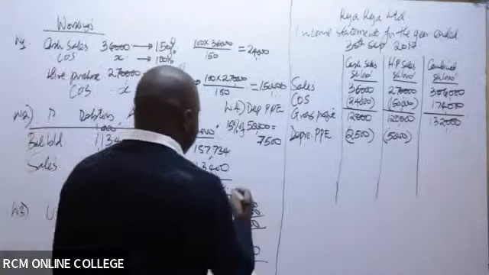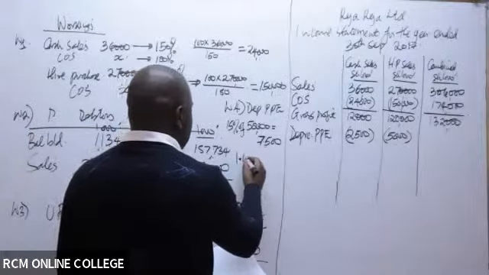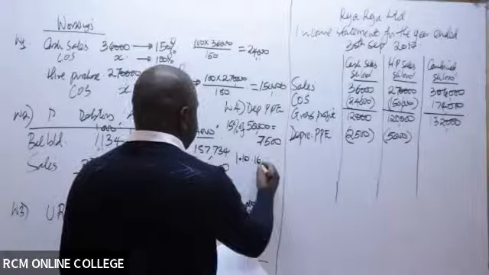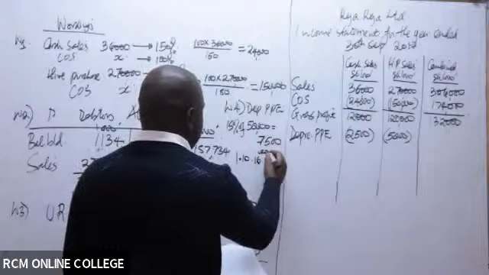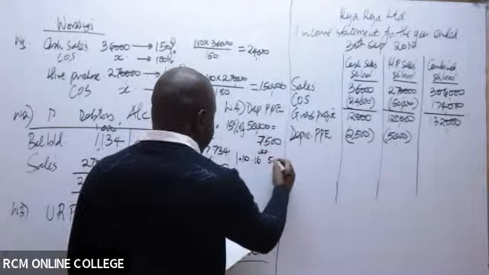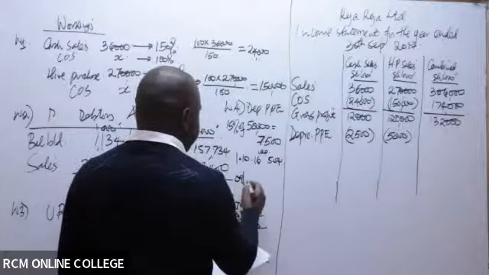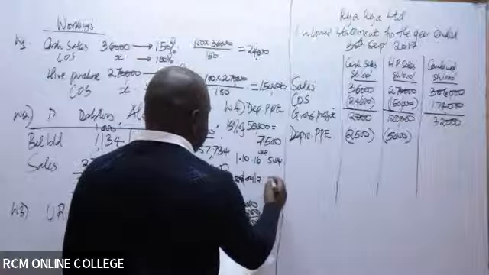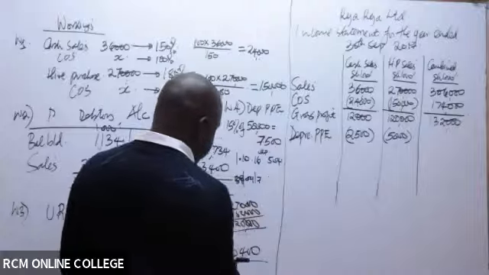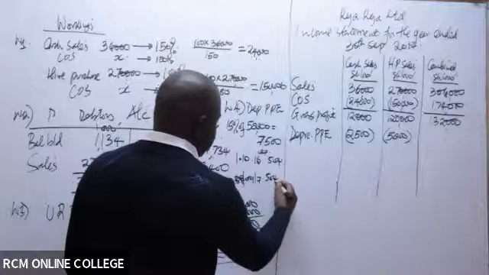So by the time they were starting the year, 1st of October 2016, there was a URP of 504. By the end of the year, 30th of September 2017, there's an amount we've computed here, 50,400.